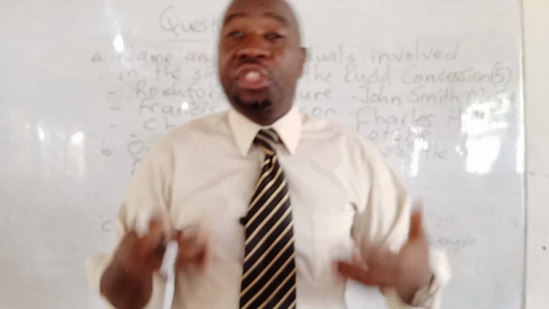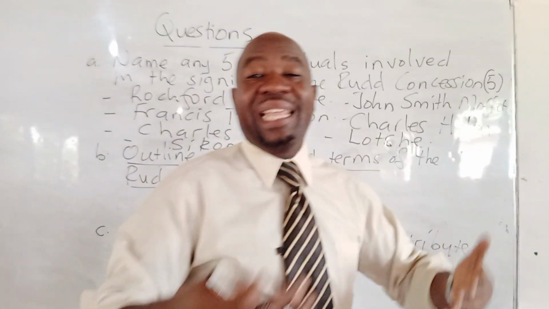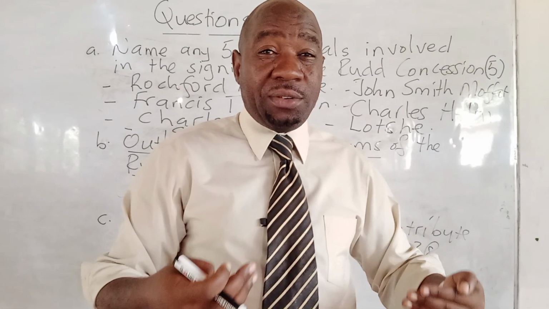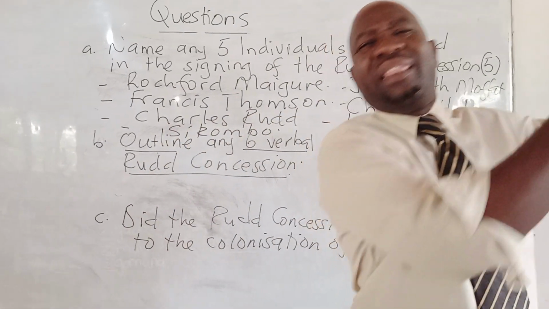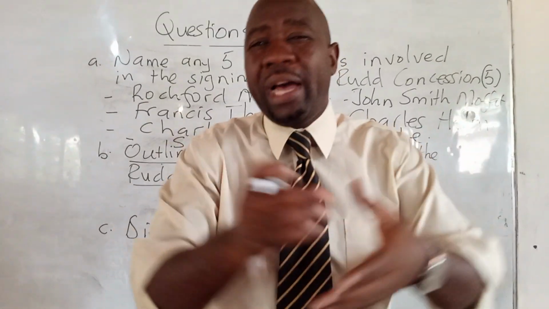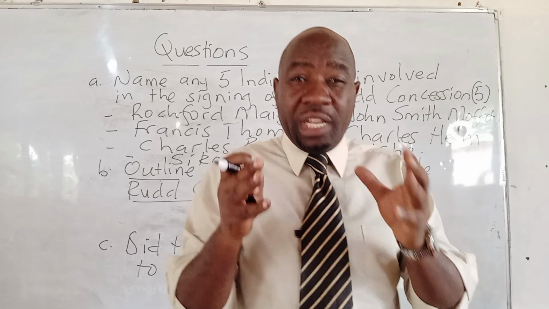You also move on. These men were also going to surrender their guns to Lobengula. You explain that this surrendering of guns meant they were not going to be a threat to Lobengula. They were not going to be interested in occupying or conquering Lobengula's kingdom.